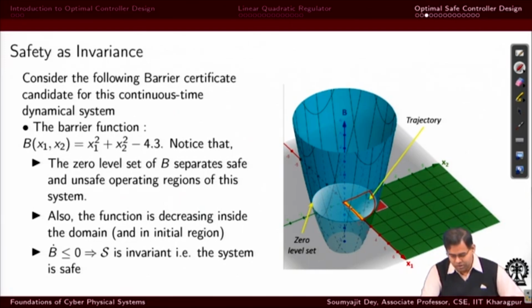That means whenever my system is moving around in these points, the corresponding barrier values are either located on this surface, the 0 set, or inside any of these sublevel sets. That means the collection of points on the surface, but all those B values are negative.